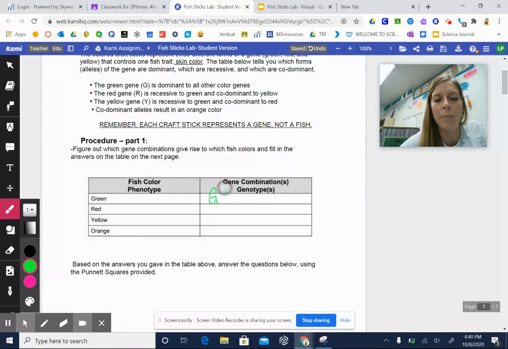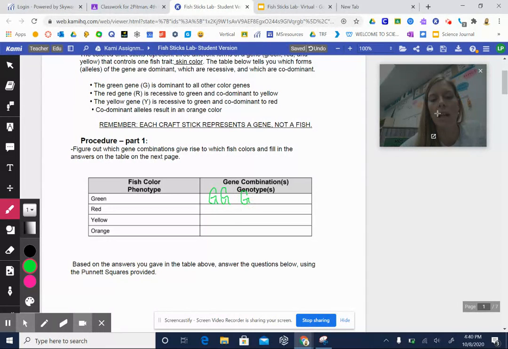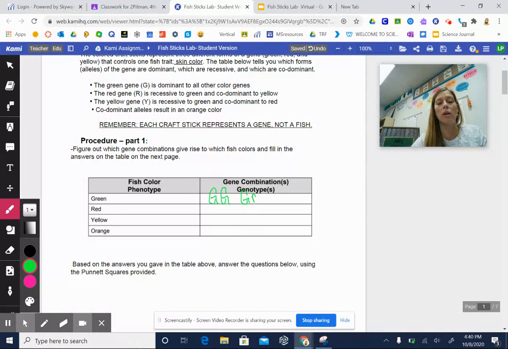So we know capital G will be green. Anytime you draw a green strip with a red strip, it's going to be written as capital G lowercase r, because R is recessive to green, so the green takes over.